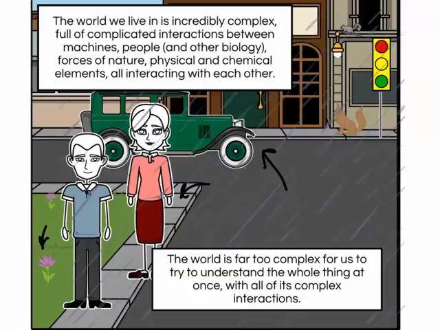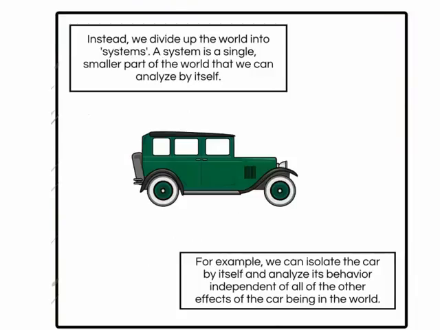This world is far too complex for us to try to understand the whole thing all at once with all of these complex interactions. Because the whole world is too complex for us to understand all at once, instead we divide up the world into systems. A system is a single, smaller part of the world that we can analyze all by itself.